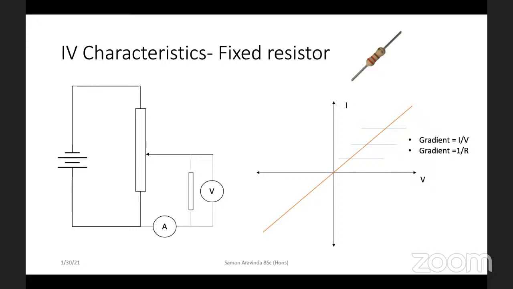Now, think and tell me, if you are going to draw the IV graph for a filament lamp, how am I going to change this circuit? Then you remove the fixed resistor and put the filament lamp. Simple.